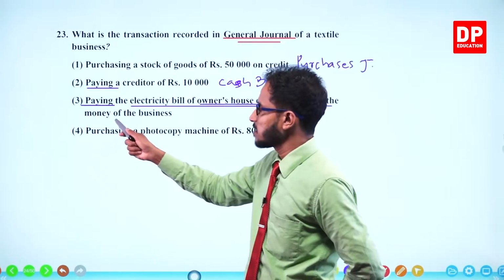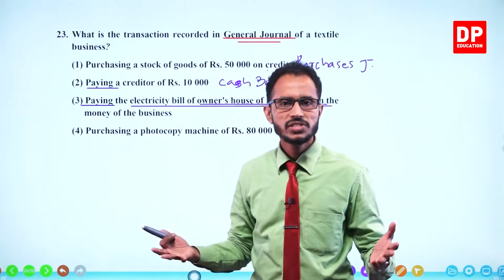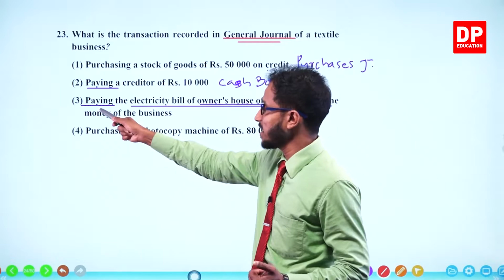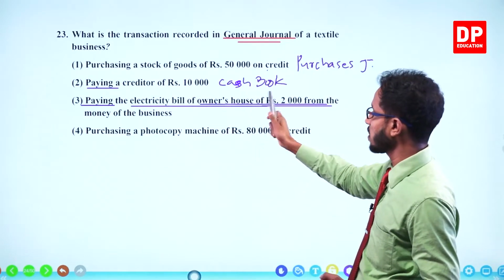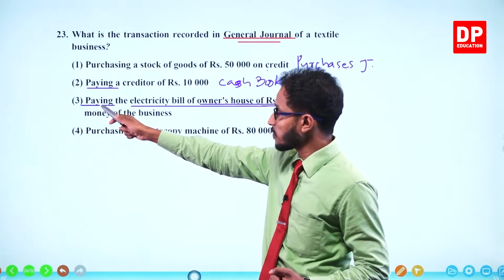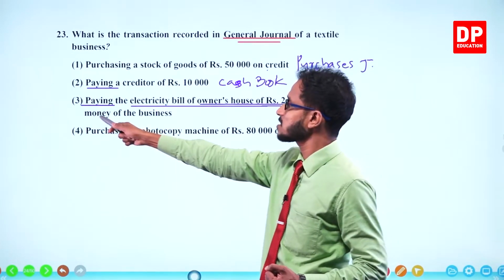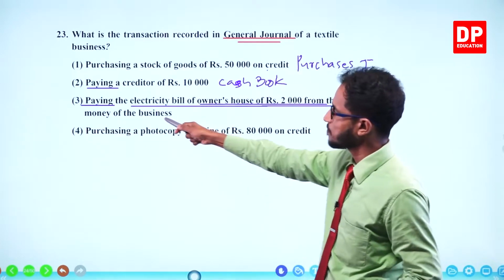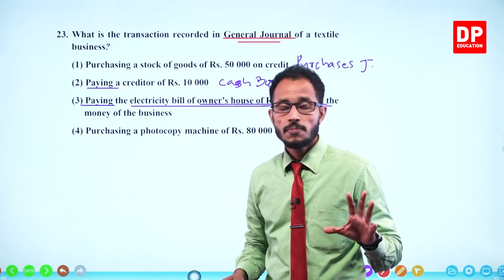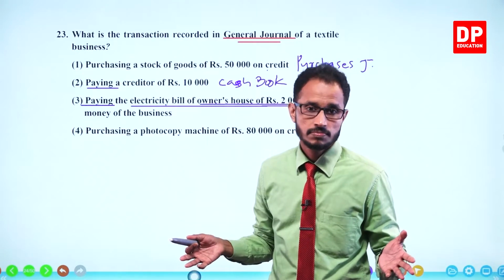So in this answer, it says paying owner's personal house electricity bill from the business money. That is also a drawing.